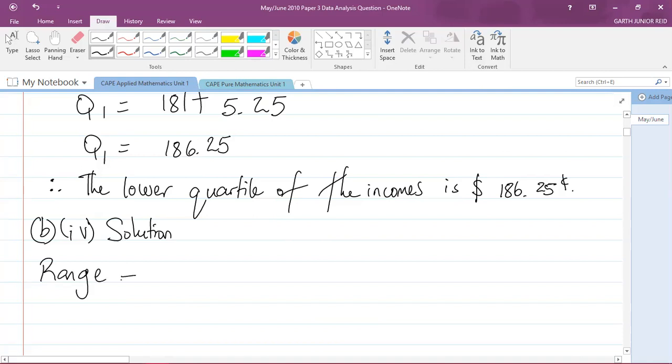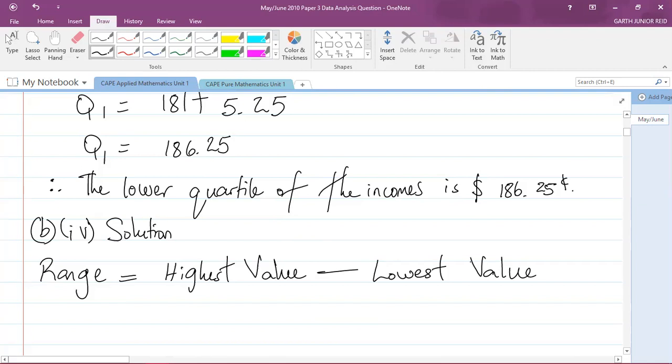So range is equal to the highest value in the data set minus the lowest value. All right, so you look in the data that you're given and identify the highest value and the lowest value in the data set and subtract.